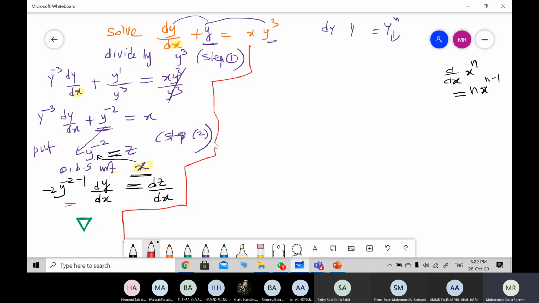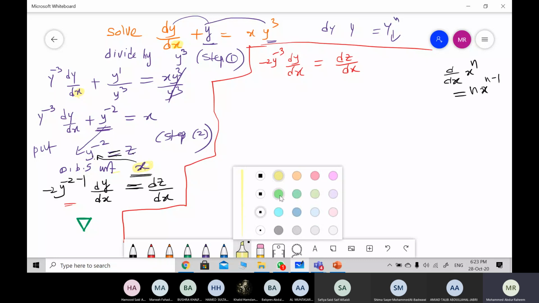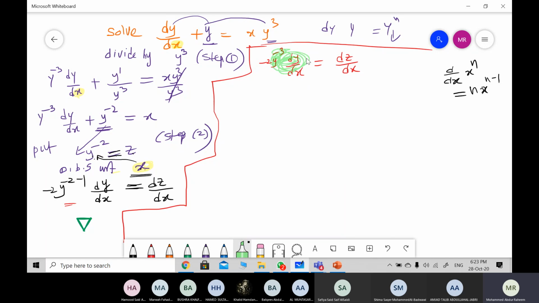So here, this step will simply be minus 2 y to the power minus 3 dy over dx equals dz over dx. If you see clearly, the same thing is there here, but with this minus 2.